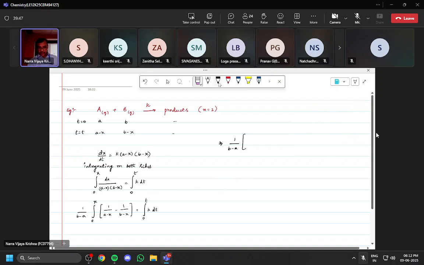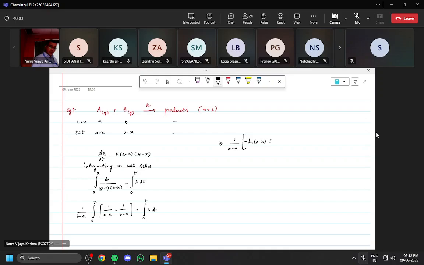What is it? ln(a minus x) with the differentiation of this term being minus 1, over minus 1, minus log(b minus x) with the differentiation of this term being minus 1. So it becomes a plus, between the limits 0 to x, equal to kt between the limits 0 to t.